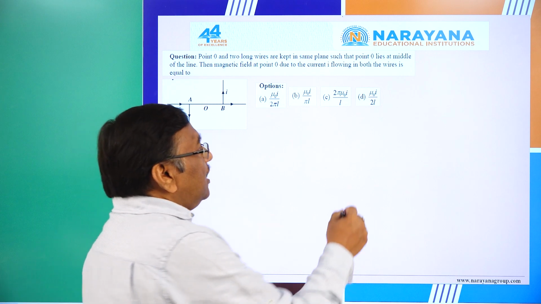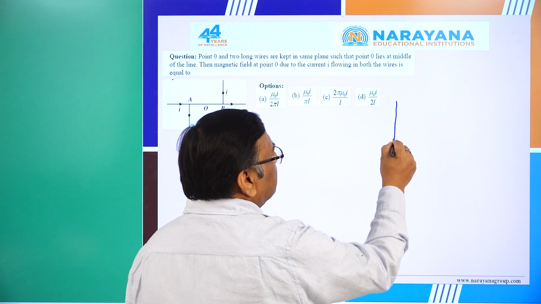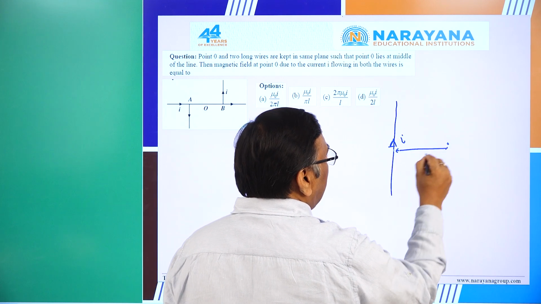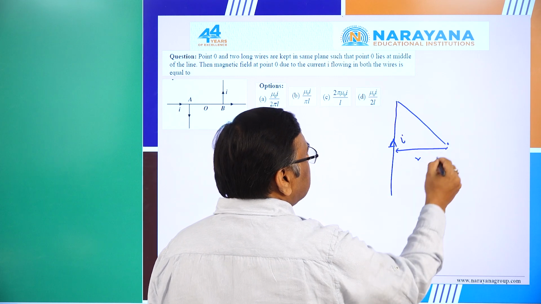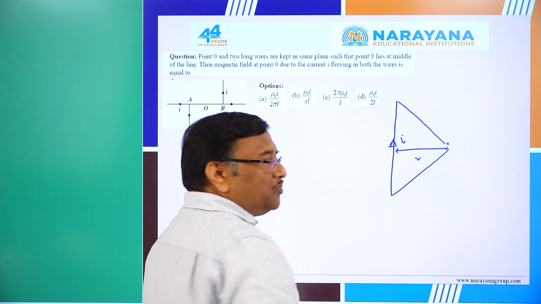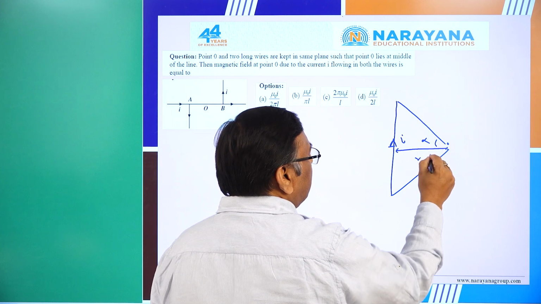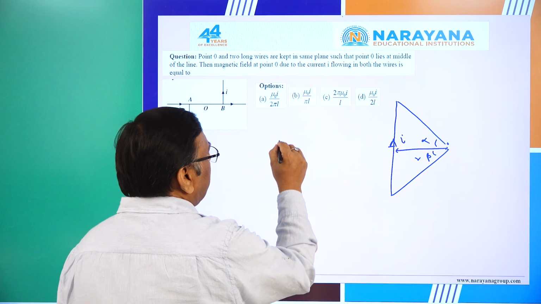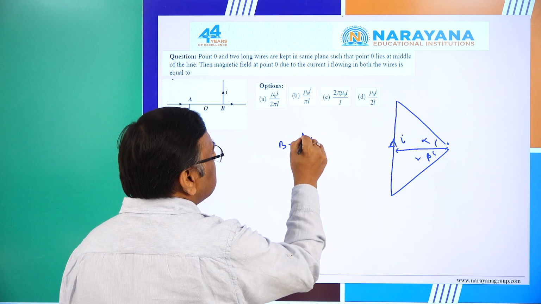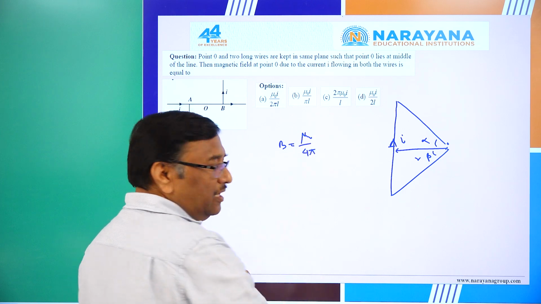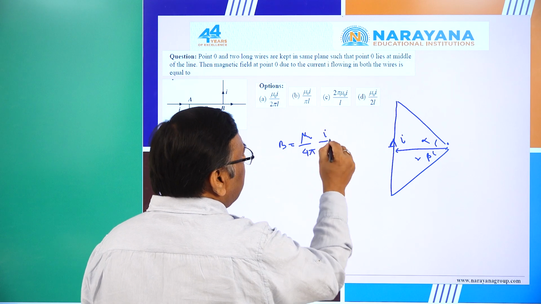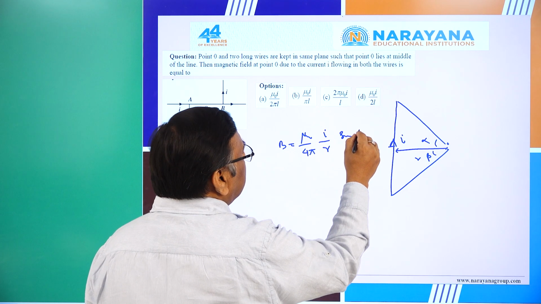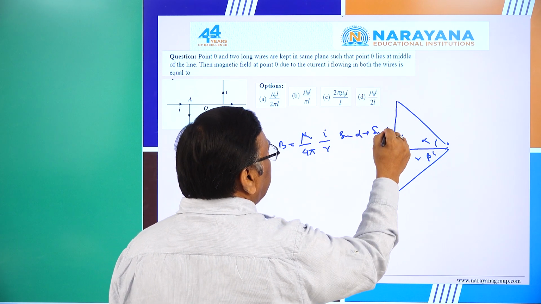We know well, if there is a current carrying conductor carrying some current I, and if you want to find the magnetic field at some distance r from it, such that the extreme ends of this conductor subtend angles at the point, let us say this angle is alpha and this angle is beta, then the magnetic field is given by B equal to mu 0 divided by 4 pi into I divided by the perpendicular distance r into sine alpha plus sine beta.